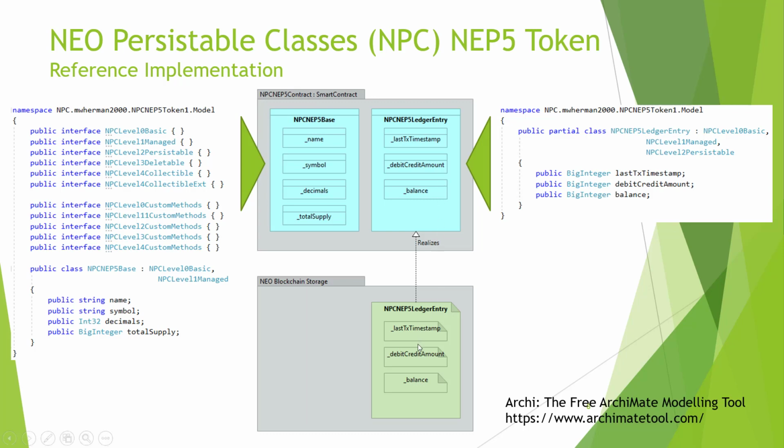And then down here, we see how that's realized on the blockchain. And so the act of calling get on a ledger entry object is to read the physical representation of that entity, and use it to realize an in-memory version of that.